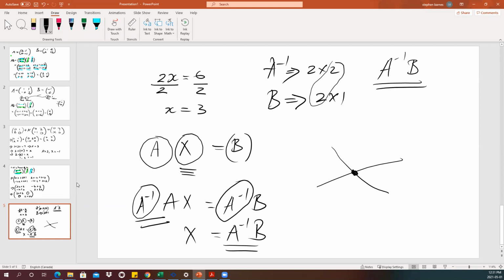But if you make the mistake and do B times A inverse, then you're trying to multiply a 2 by 1 matrix with a 2 by 2 matrix. This is not valid because the number of columns in B is not equal to the number of rows in A. So this could never work, right?